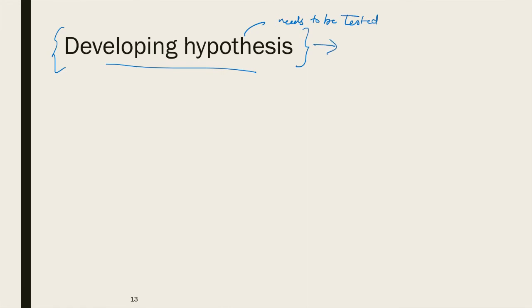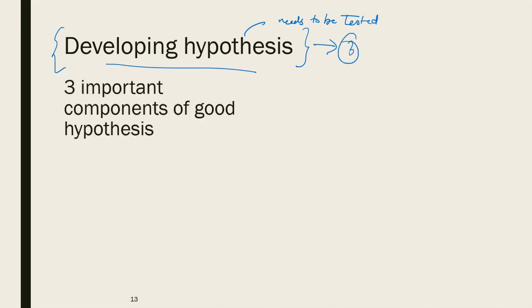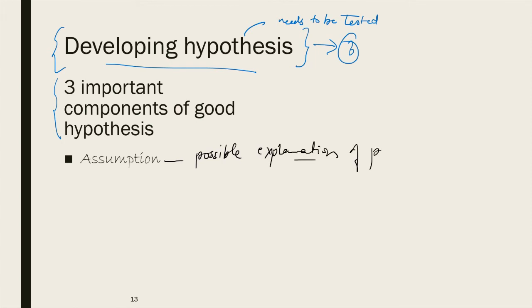one is assumption. Now, assumption means possible explanation for the problem, and for this, the researcher must have some background knowledge of the subject. The second important component is condition. Condition tells us how the researcher will conduct the research and how the data will be collected.